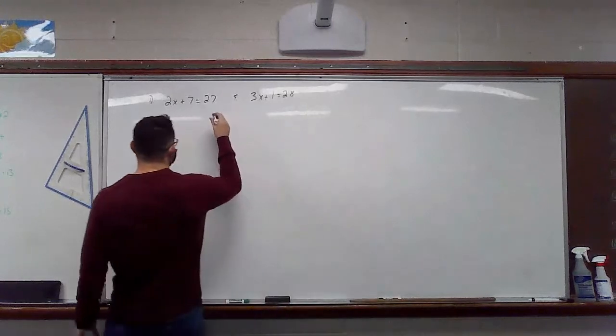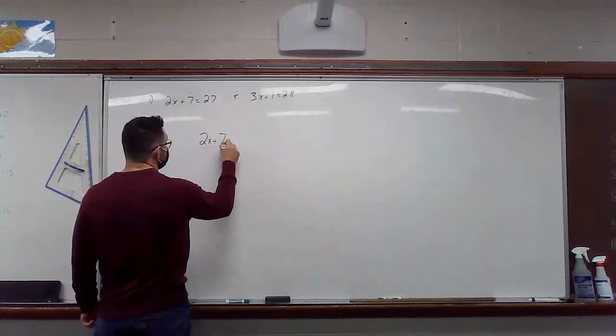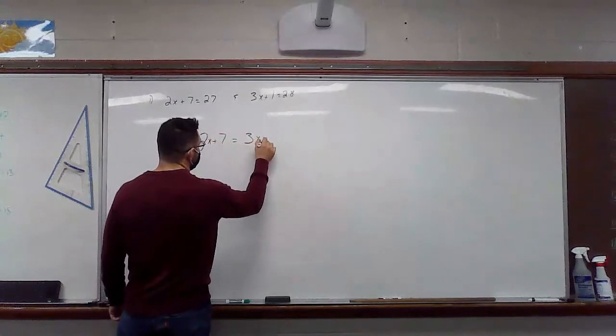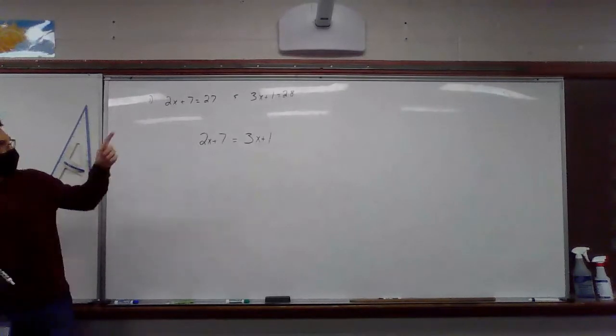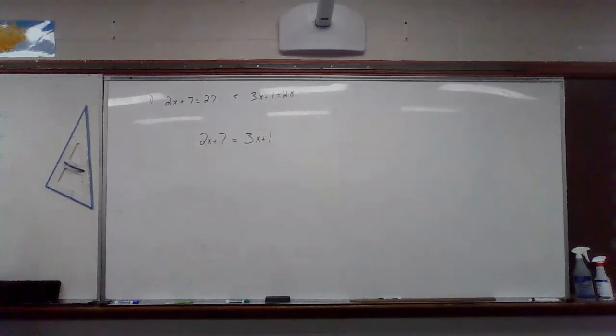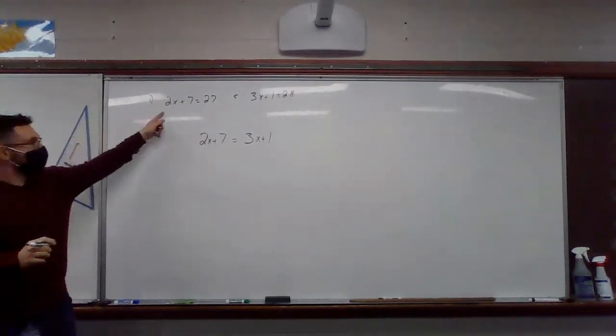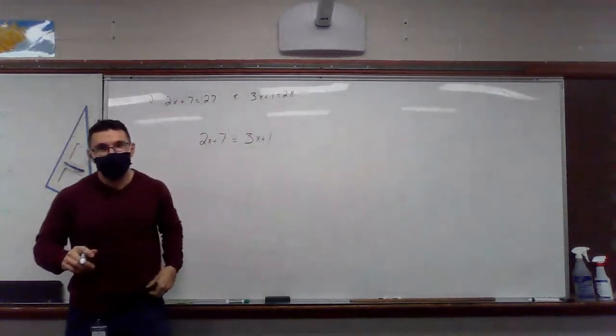So if these are true, is 2x plus 7 equal to 3x plus 1? If these are true, is this true? Tell me why, tell me why not. So if 2x plus 7 equals 27, and 3x plus 1 is 28, are these true?